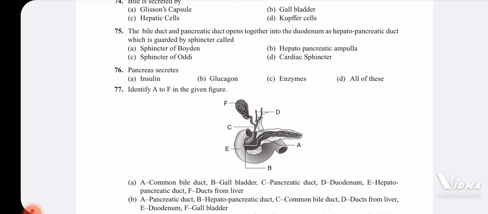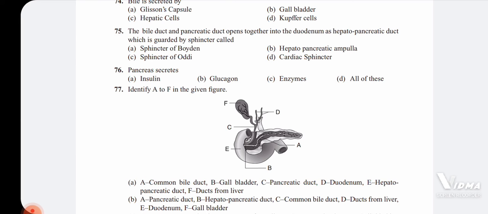Next, 76th one, pancreas secretes. The pancreas secretes the pancreatic juice. It also secretes hormones like insulin, glucagon, and even the inactive state of pancreatic enzymes.